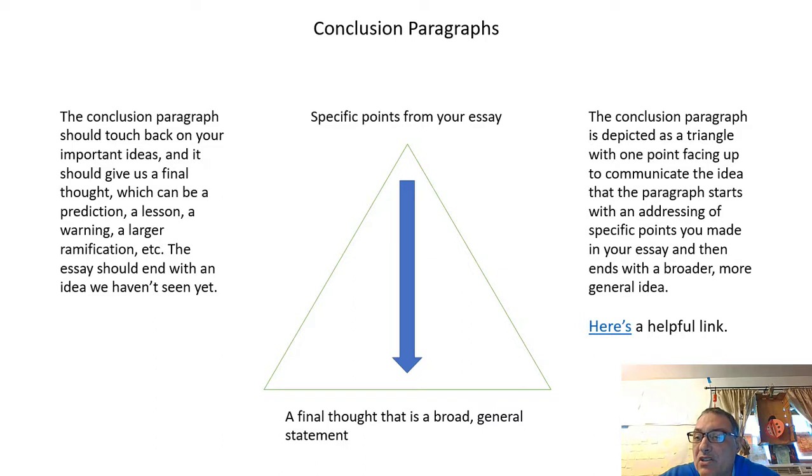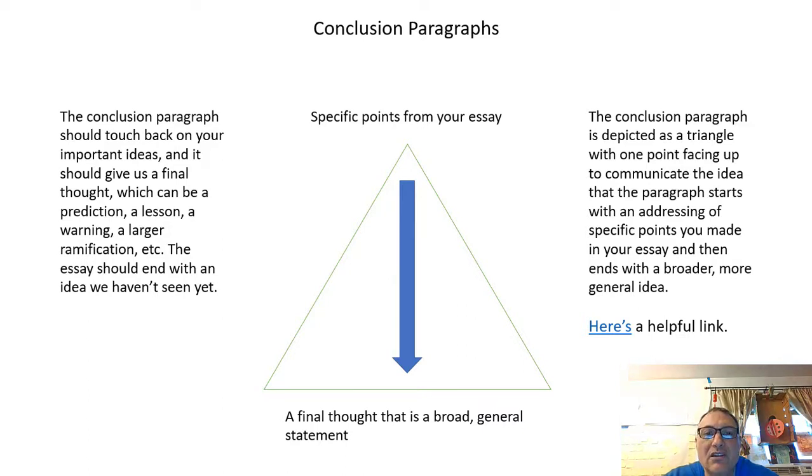The important idea to remember here is that the conclusion should do two things. It should touch back on the ideas you talked about in the rest of the essay, and we should see something else in the conclusion that we have not seen yet in the rest of the essay. Because if the conclusion simply restates the thesis and touches back on ideas that you talked about in the rest of the essay, then the conclusion is basically just saying the same thing twice.